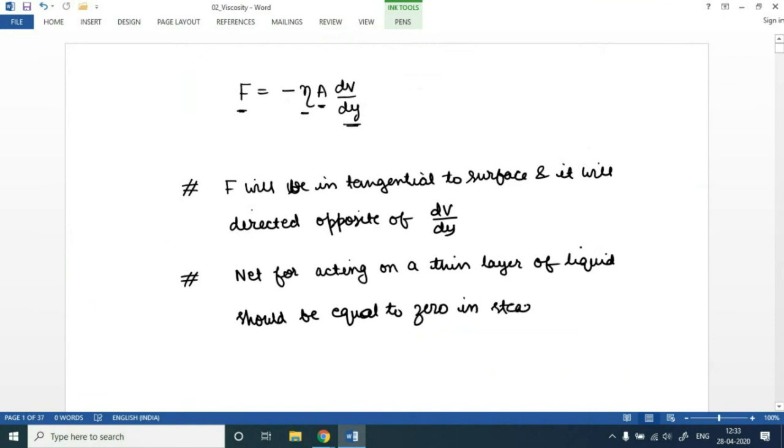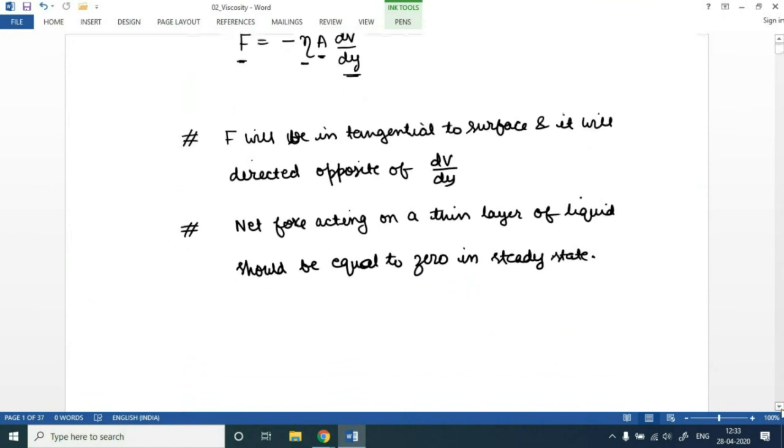It means the velocity profile has been set up and the velocity of any layer is no longer changing with respect to time, so it will be moving with uniform velocity. Carrying these ideas into the other problems which we are going to discuss.